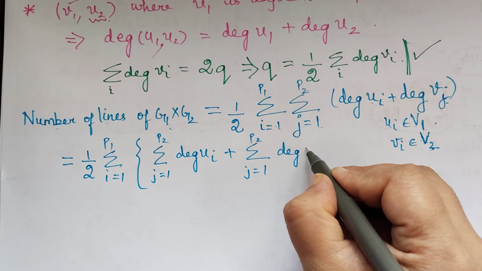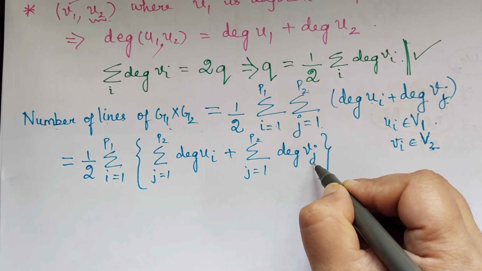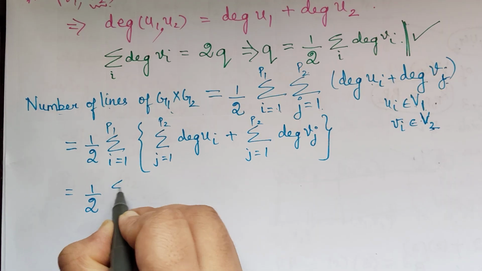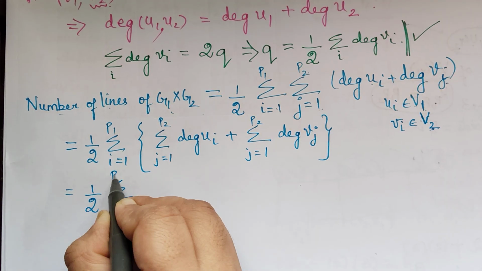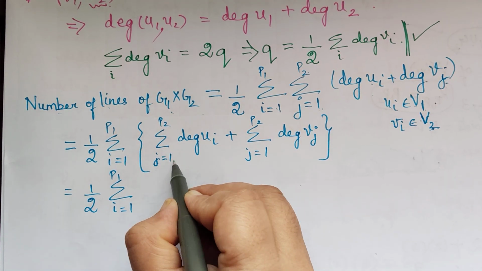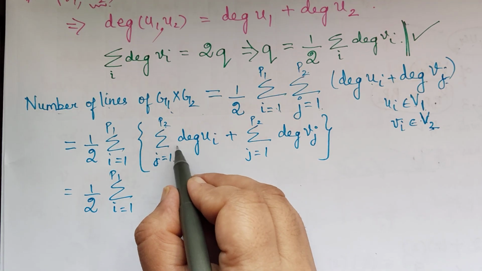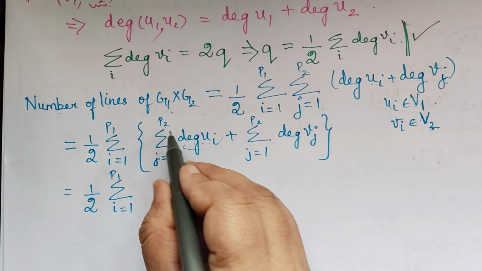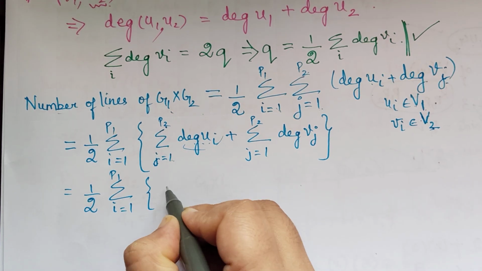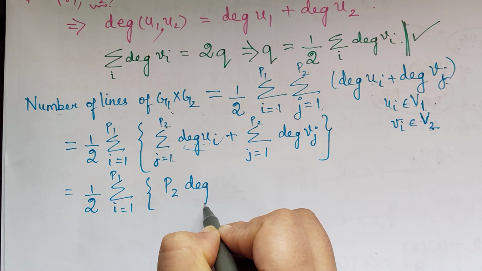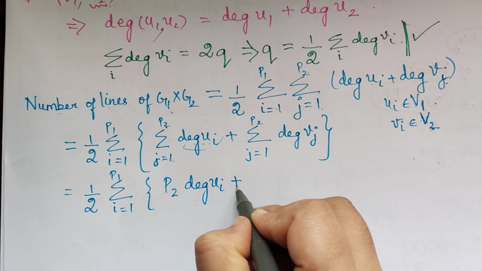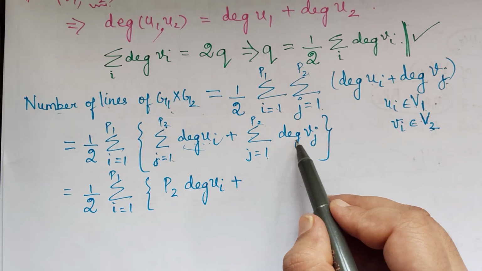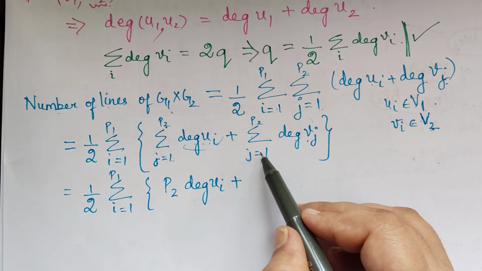Okay, this is Vj. The summation is for j only. So this will be equal to 1 by 2 summation i equal to 1 to P1. And what about summation j equal to 1 to P2 of degree of ui? So this is degree of ui multiplied with P2. So it will be P2 multiplied with degree of ui, plus what about summation j equal to 1 to P2 degree of Vj? Again we have to make use of the theorem.